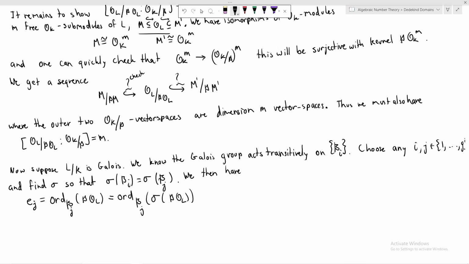So you could imagine pulling this p out in front, and that will give you this equality here.